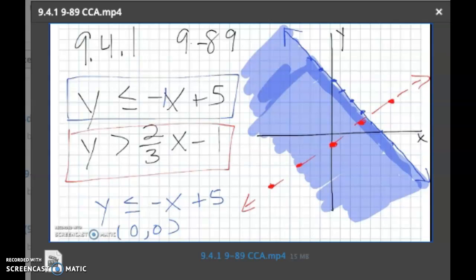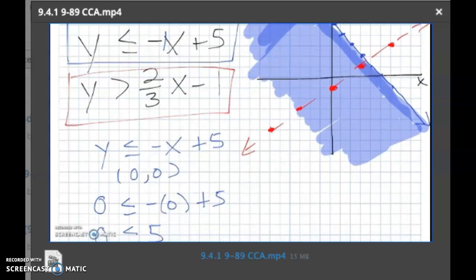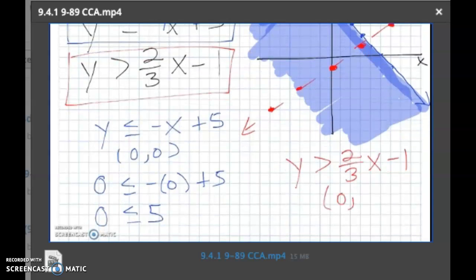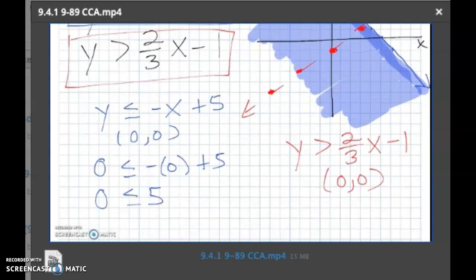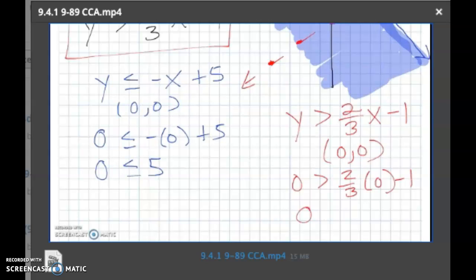Then again, we're going to test a point. Since 0, 0 is not on my boundary line, I'm going to use that as my point again. I'm going to let x and y equal 0 and see what happens. I get that 0 is greater than negative 1. Think of a number line.